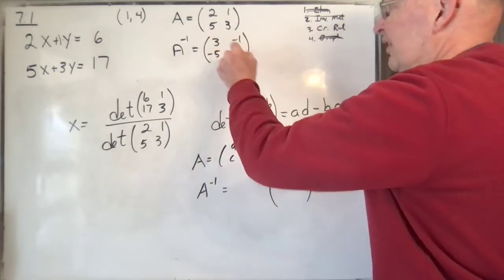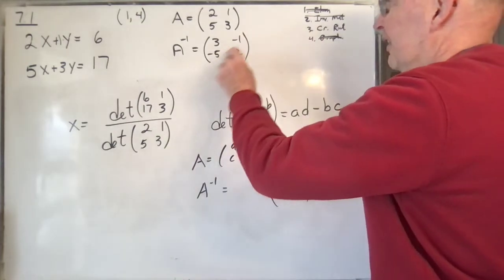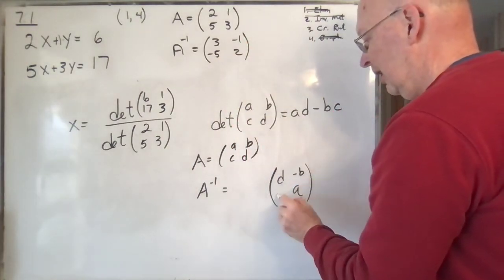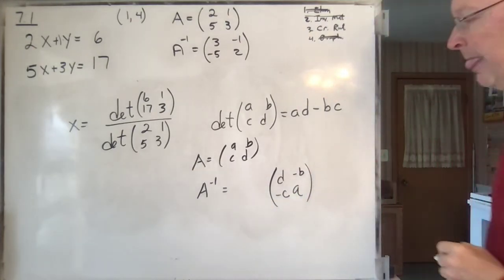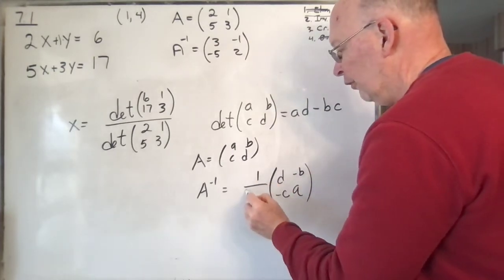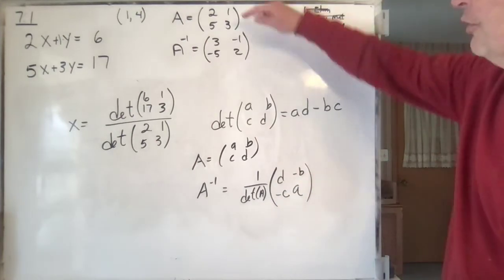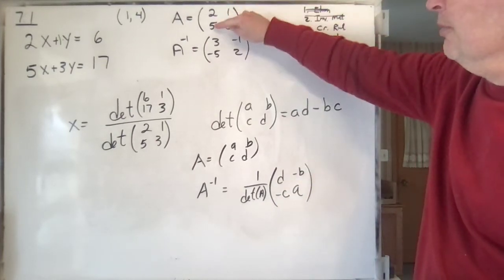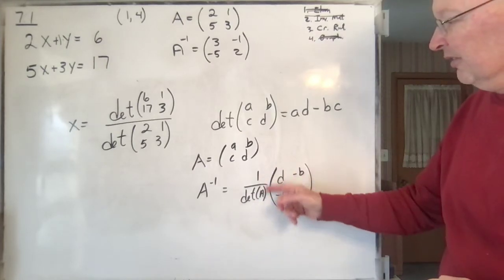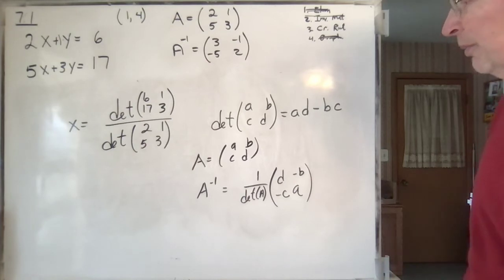You flip these two around, so it's going to be D, A. You take the negative of these things, negative B and negative C, and then you take that and multiply it by 1 over the determinant of A. And notice the determinant of this matrix is just going to be 6 minus 5, which is 1, which is why I didn't even have to worry about it before, because that's just a 1 right there. But in general, that's true. Okay?